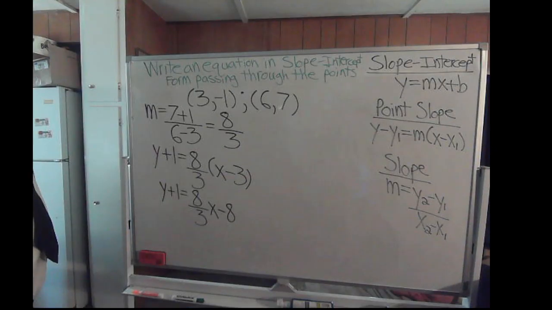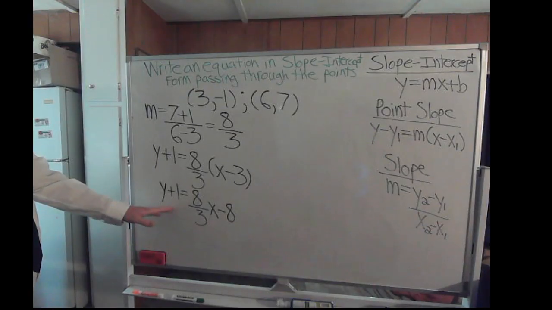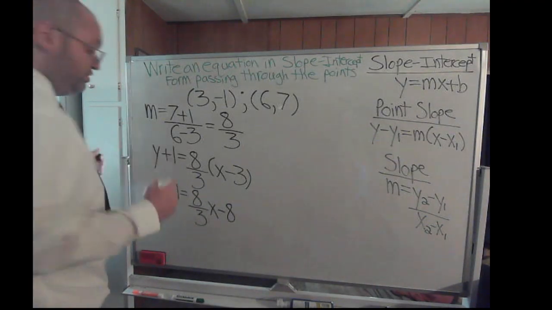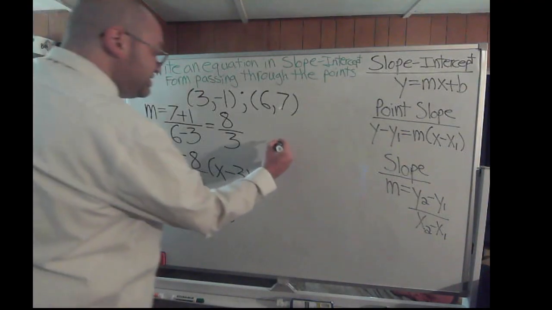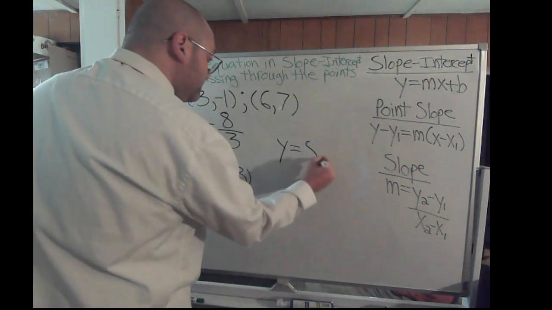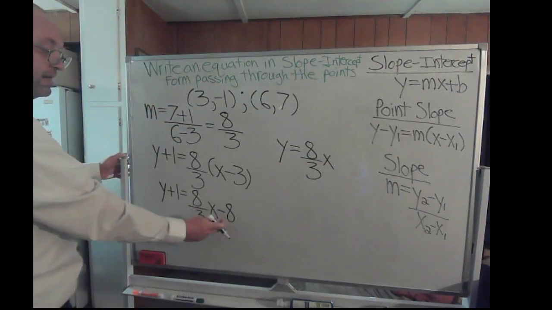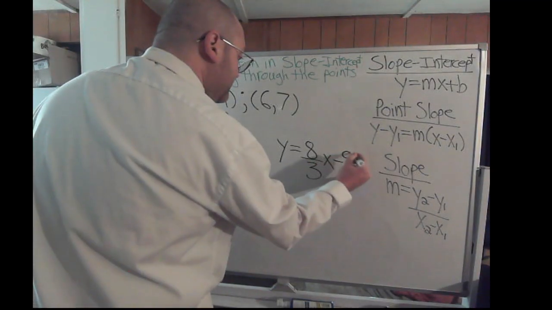Well, the goal is to get y by itself to make its slope-intercept form. We have y plus 1, we need to subtract 1. So if you subtract 1 from the left, you'll just get y by itself. That'd still have your 8/3 x. Now you have minus 8 minus 1, that'd be minus 9.